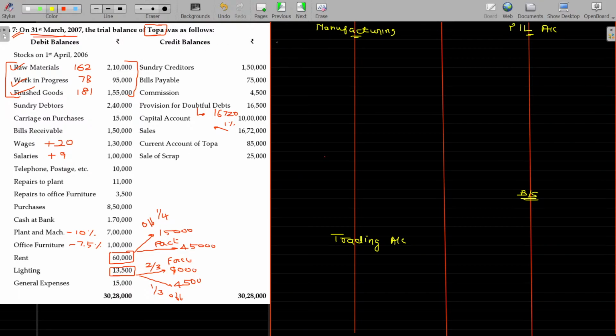Here, opening stock of raw material being 2,10,000. Opening stock of work in progress being 95,000. Closing stock of raw material as well as work in progress, 1,62,000 and 78,000, which is given in the adjustment.